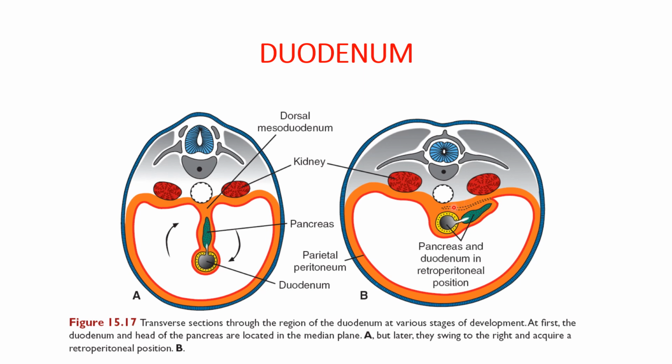Because of this, the right surface of the dorsal mesoduodenum will fuse with the adjacent peritoneum, and both the mesoduodenum layers will subsequently disappear. This leads the duodenum and head of the pancreas to be fixed retroperitoneally. So they become retroperitoneal.